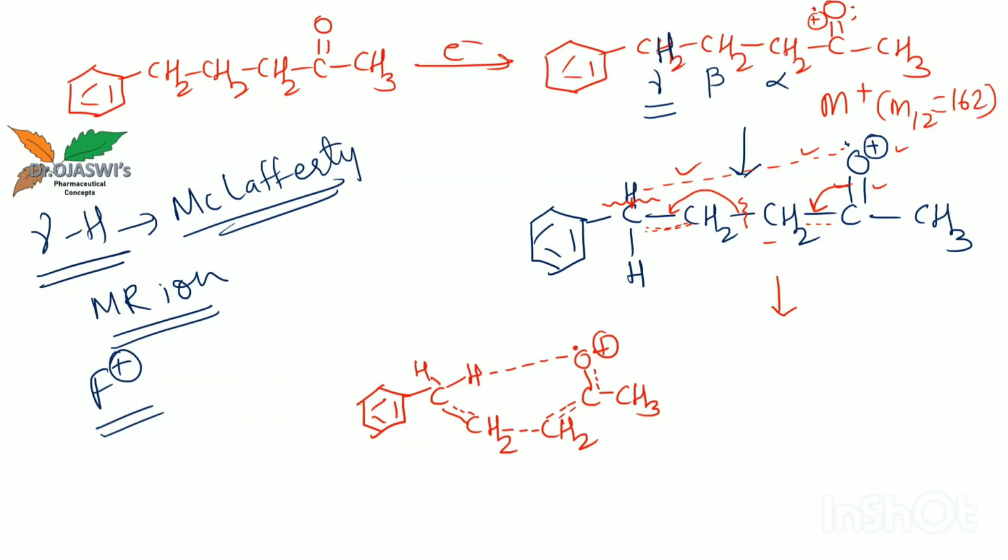So this is the McLafferty rearrangement. We can say this is the 6-membered transition state, through which the transfer of the gamma hydrogen is going to happen.